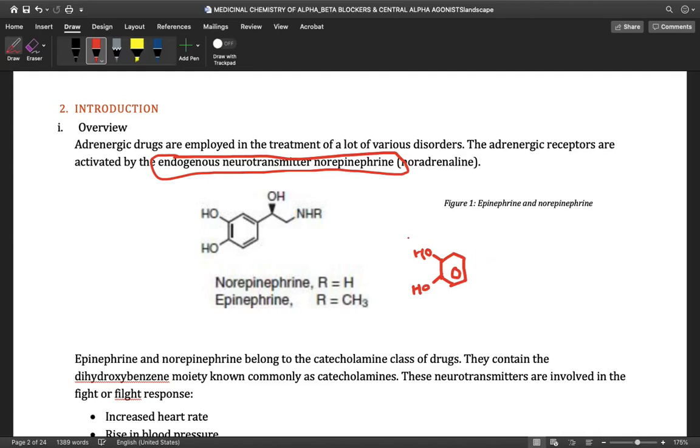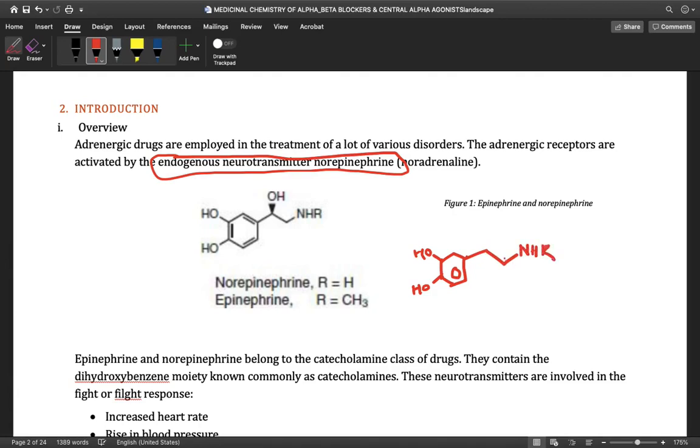Okay, so this is a catecholamine structure right here. They contain a dihydroxy benzene ring. In addition to that, they also have the amine.